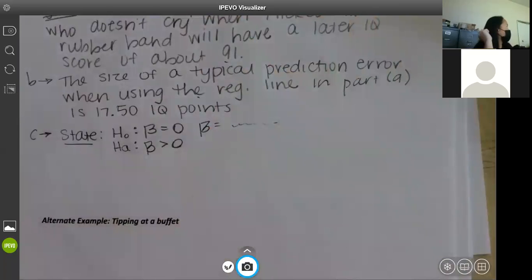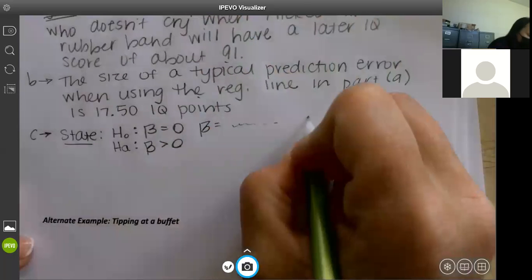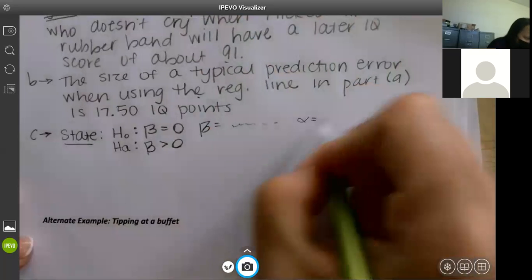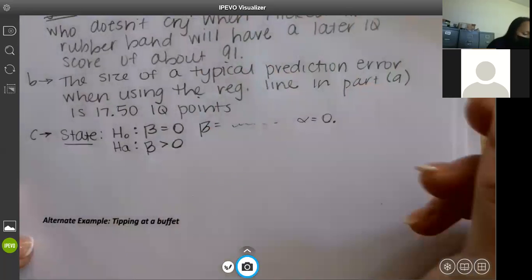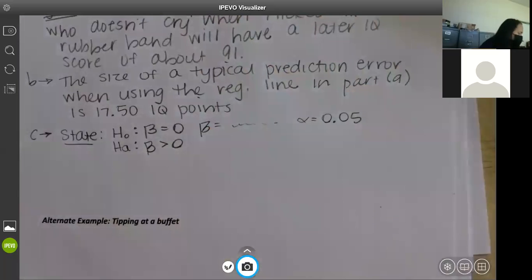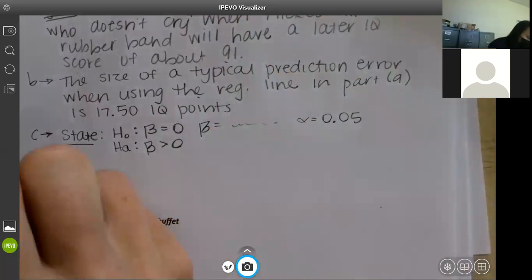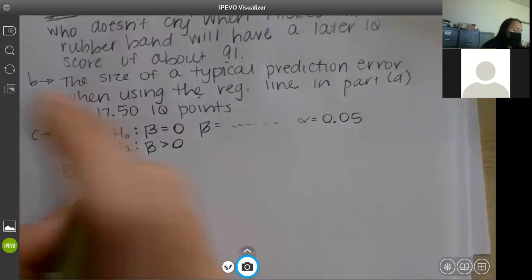You got it? So define what beta is, same thing we've been doing. And then the other thing is, what's our alpha level? It didn't say, so we're going to do 0.05. Plan.